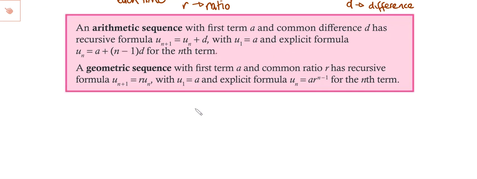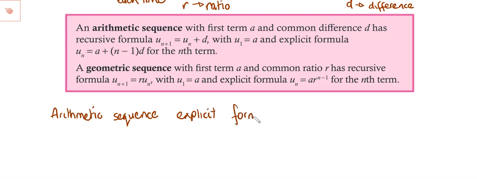So can I get you to write down that underneath in your notes? So we've got an arithmetic sequence, explicit formula, is Un equals, do you remember the Un bit we talked about before?